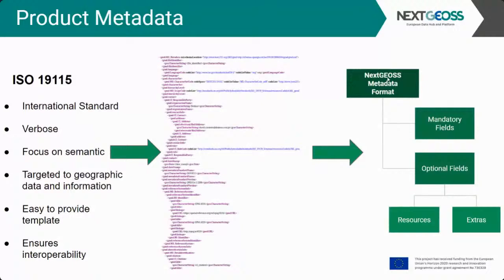The ISO has a lot more fields, so we divided a set of those into mandatory fields and optional fields. Those optional fields refer to resources or extra information that you need to provide. The resources apply if your metadata is associated with a resource that you are making available somewhere, so you need to describe that resource.